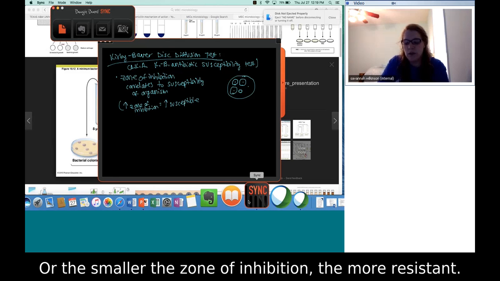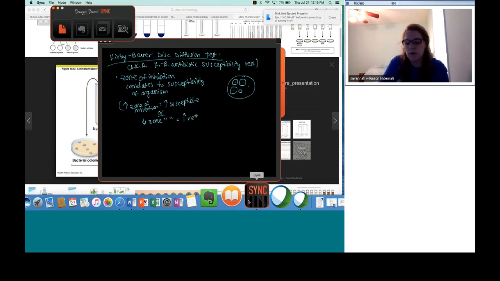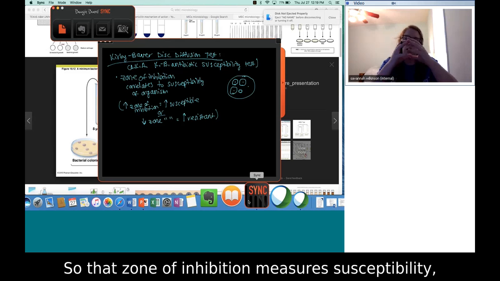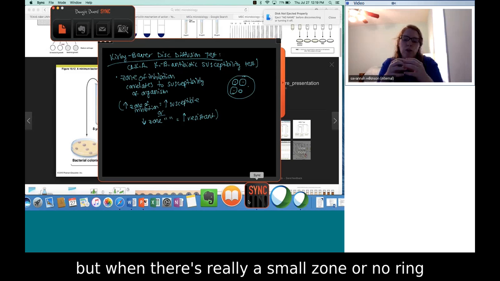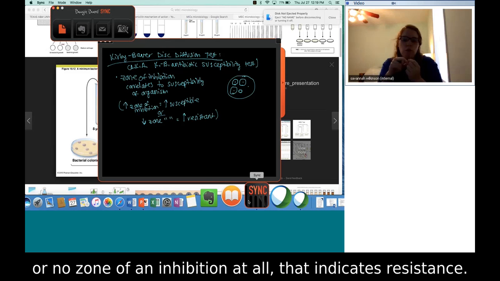Or the smaller the zone of inhibition, the more resistant that organism is. So that zone of inhibition measures susceptibility, but when there's really a small zone or no zone of inhibition at all, that indicates resistance.